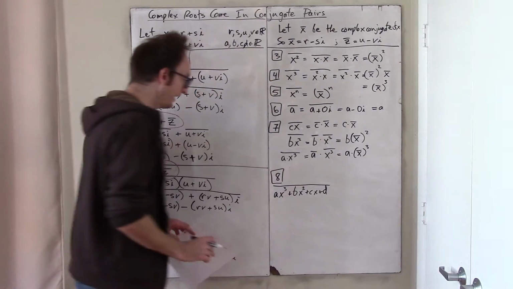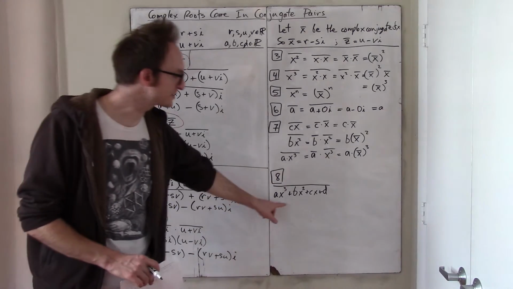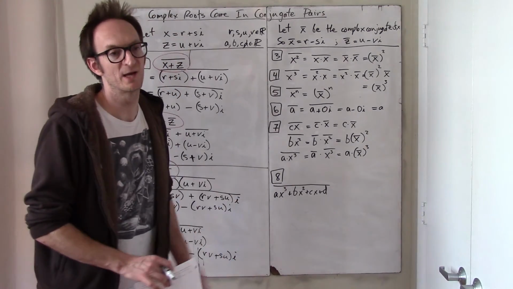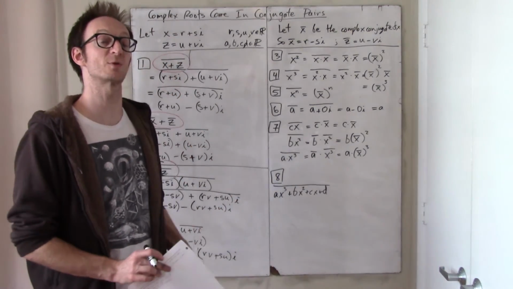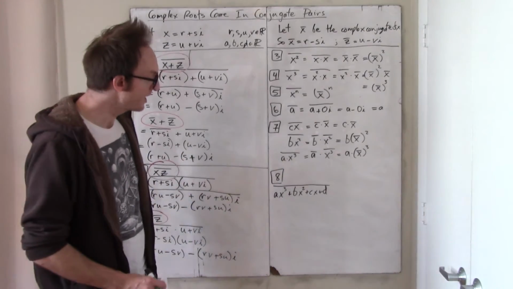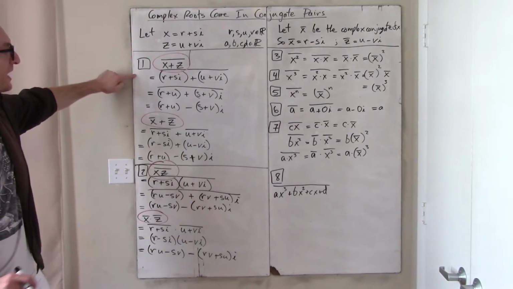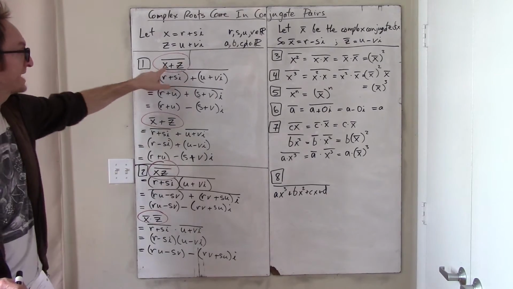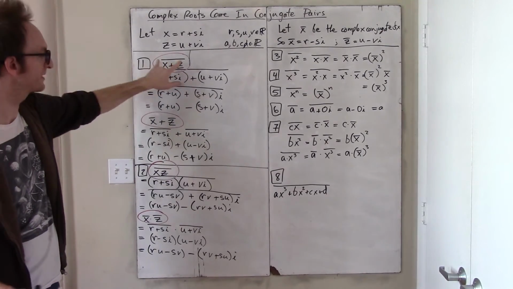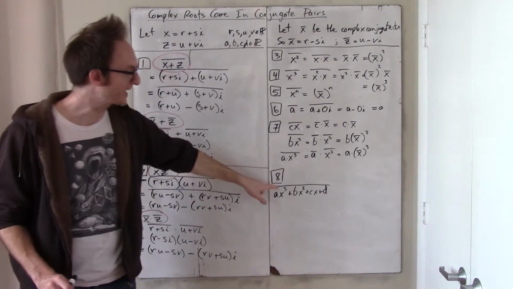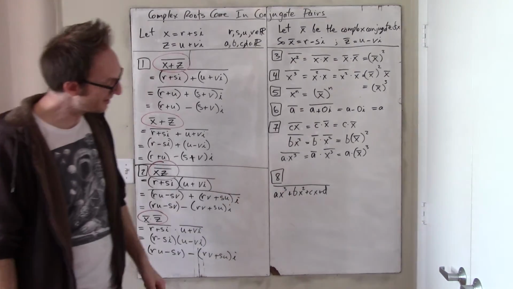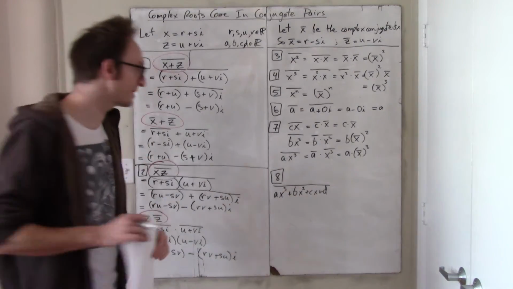Well, once again, 4 things are being added. But really you don't ever add 4 things, you add 2 things at a time. So by repeated applications of rule 1, which says that the conjugate of a sum is the sum of the conjugates, I can break up the conjugate of this sum into a sum of a bunch of conjugates.